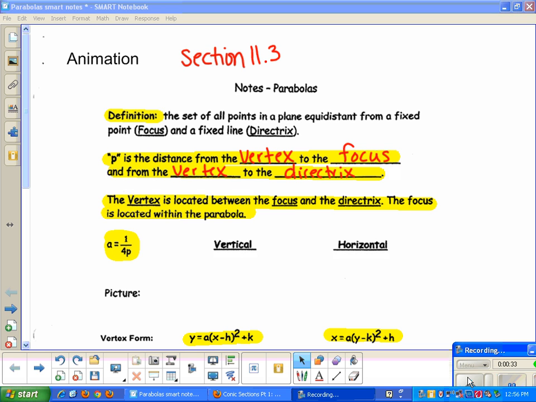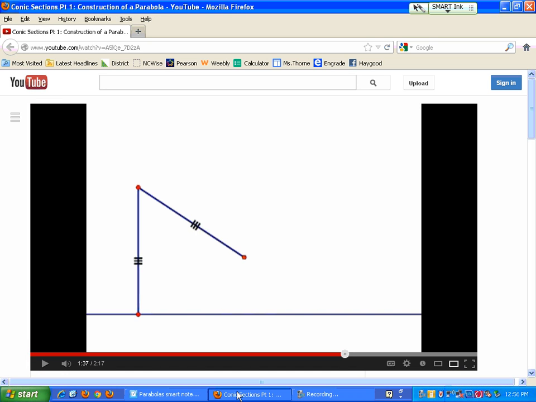So let's go ahead and just look at an animation that I have here. Now, let's say that this line down here is going to be the directrix. Oops. Directrix, not with a C, with an X. And this is going to be the focus.